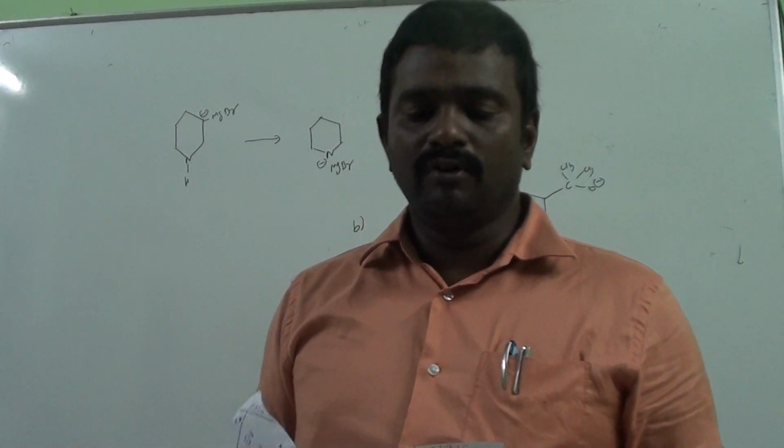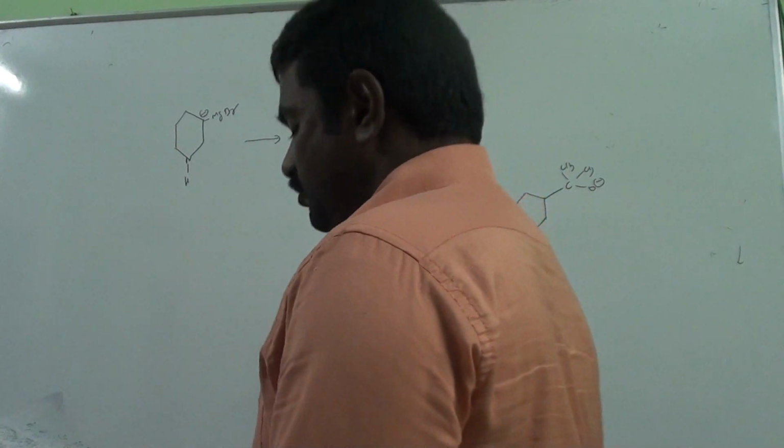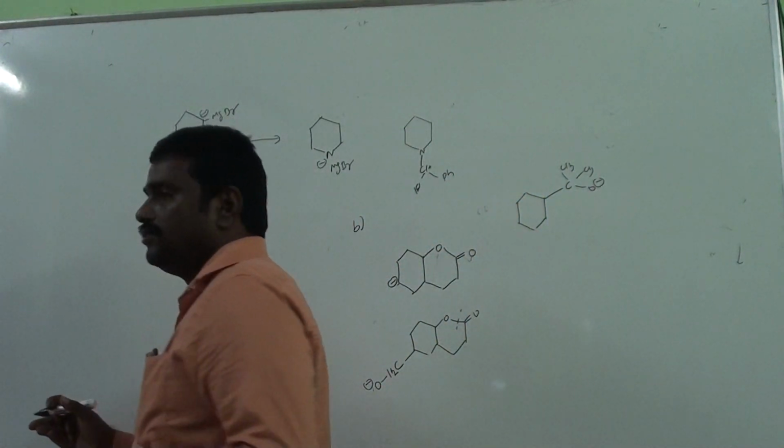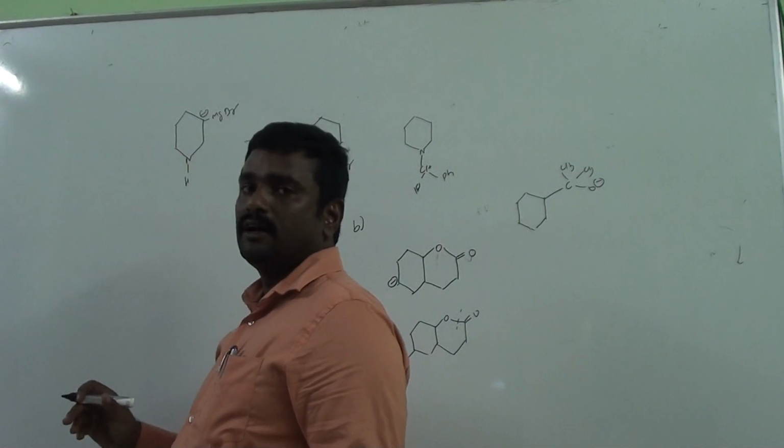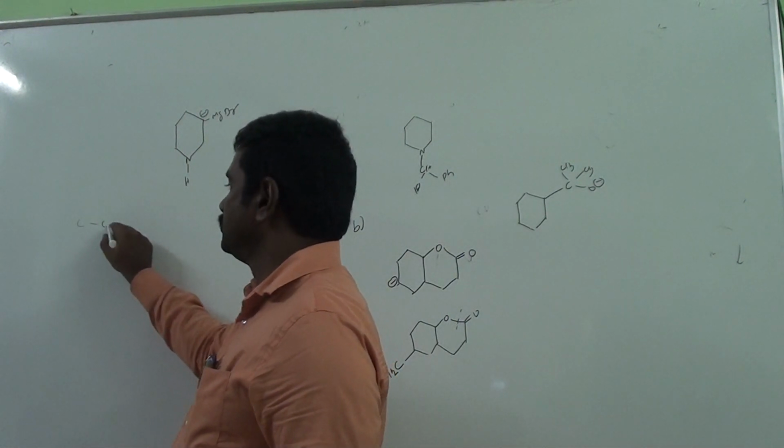Right, find the number of ethers with formula C5H12O. C5H12O has no chance of a cyclic structure or double bond, it's all open chain.